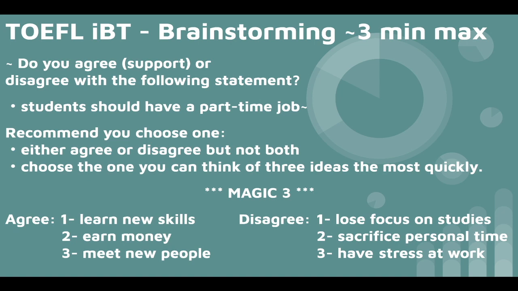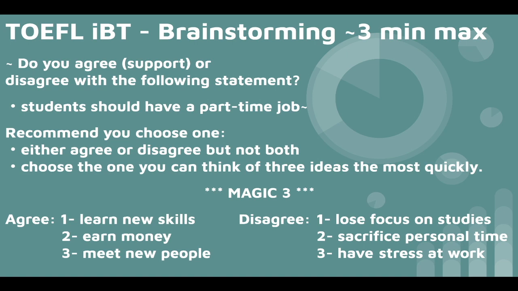Number 1, learn new skills. I've learned computer skills at my part-time job. I learned communication skills, interpersonal skills with customers, clients. I was able to earn money, which is important for my expenses. And I was able to meet new people, new coworkers, and I made new friends.